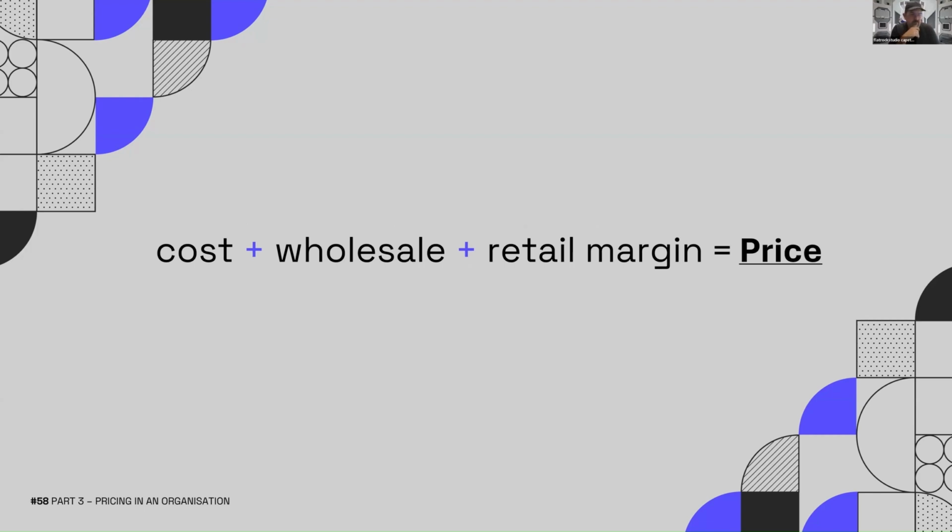So yes, again, you get to the price with knowing and having your cost, and then on top of that, especially if you're producing a product for sale, not necessarily always a service.